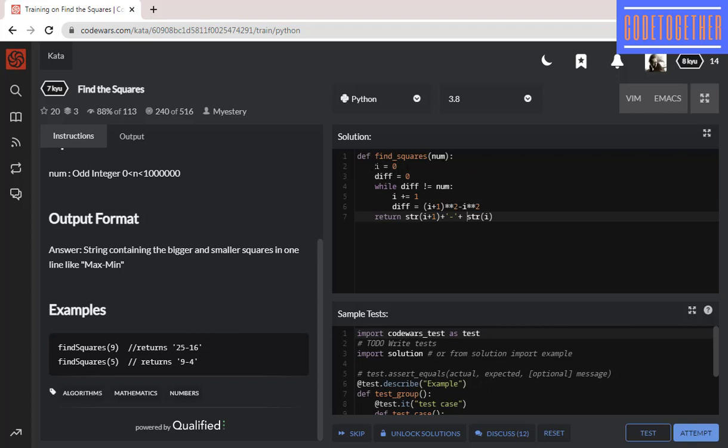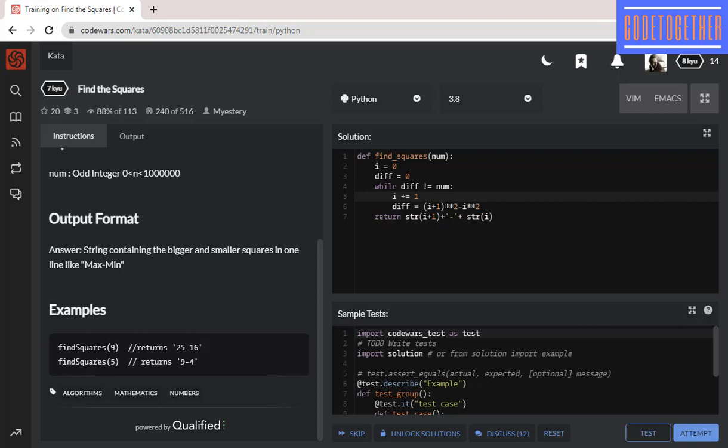Let's start from i equal to 0 and diff equal to 0, and while diff is not equal to num, for example, if num is equal to 5, the loop begins, and i is equal to 1.